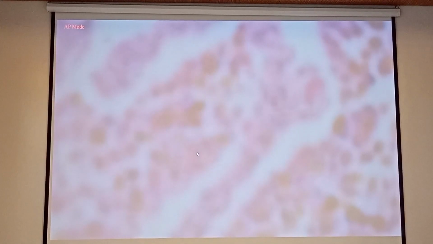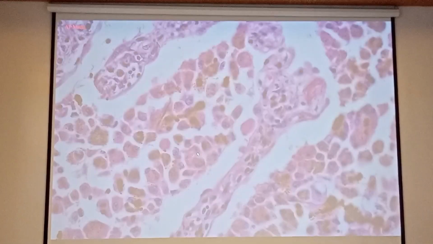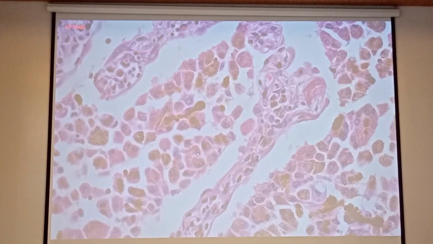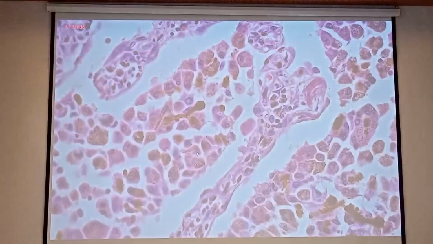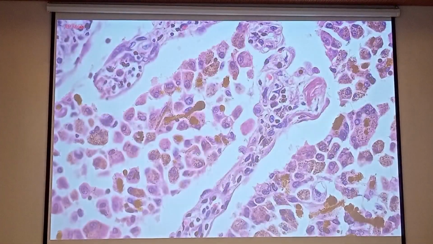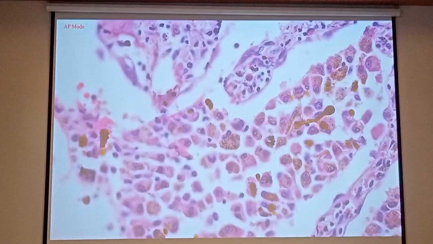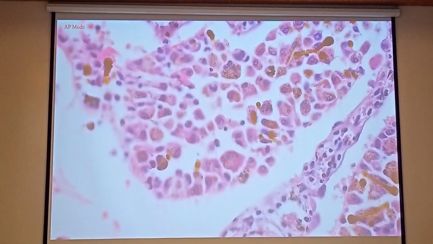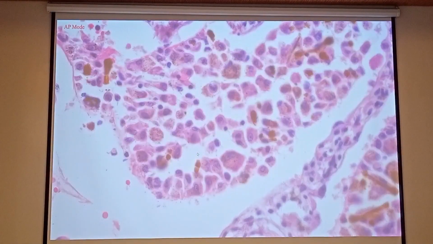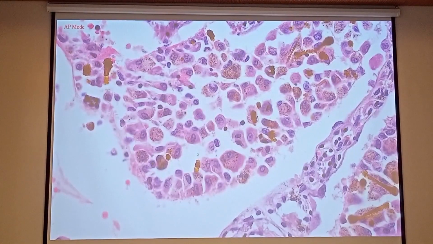Some of them have larger cytoplasm, larger nuclei. Look at those things. These features are an indication of highly activated macrophages, and persistently so.